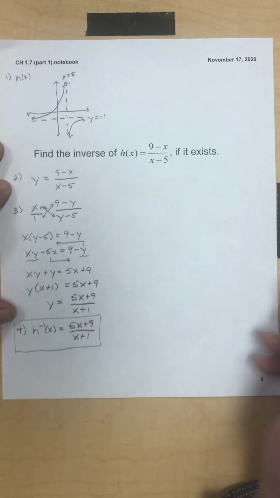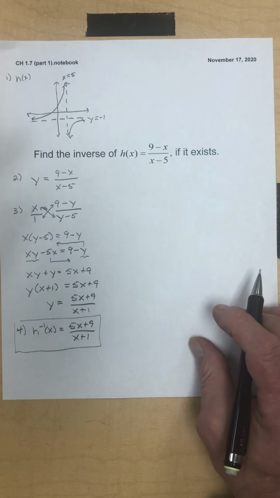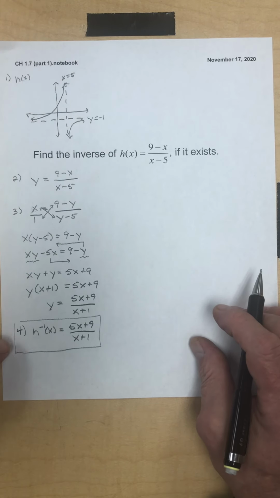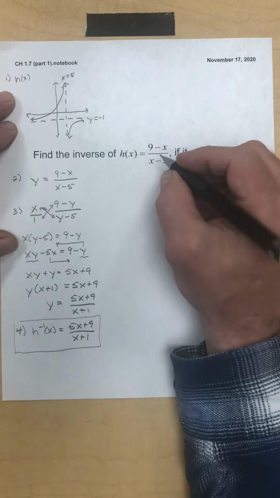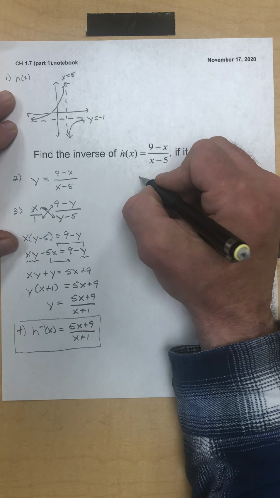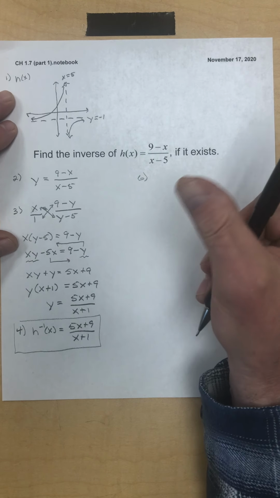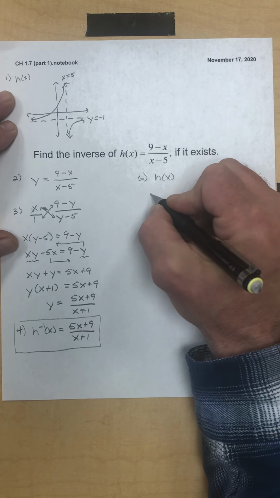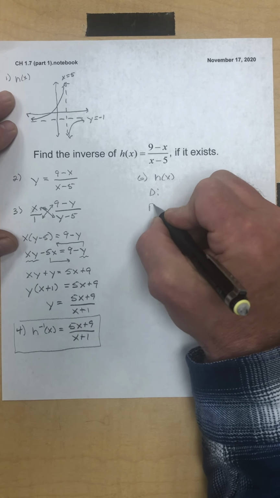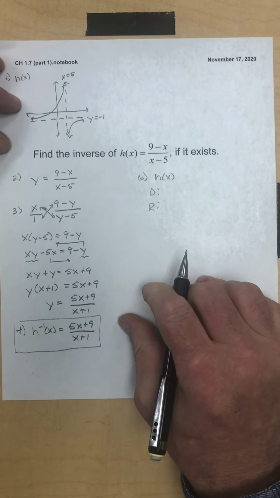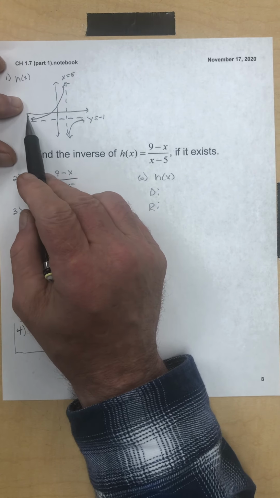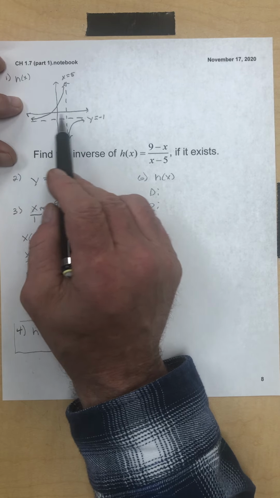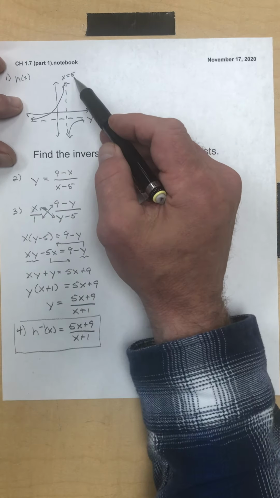Now we just have to look at the domains and ranges of not only the original function, but of the inverse, and see what happens. See if things work out nice like the last time, or if things get a little crazy. So if I look at h of x, and I look at the domain and the range. The domain, well, everything along the x-axis works other than 5.